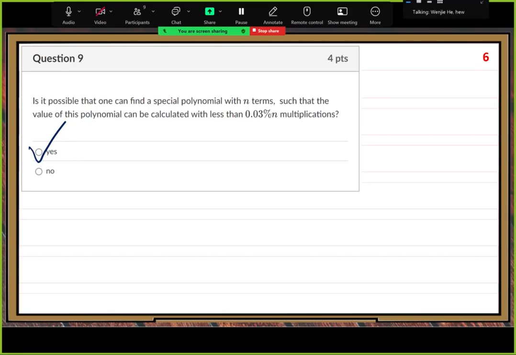First, special polynomial, not general. You can take advantage of that. What's special in your mind with n terms? Binomial. I hope you connect to the binomial.